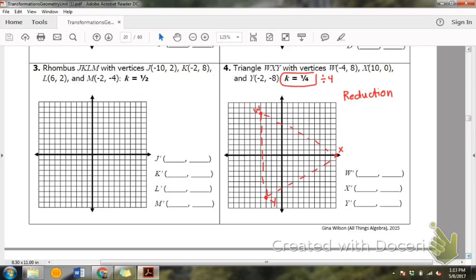Go ahead and find the new coordinates for W prime, X prime, and Y prime. Multiplying by 1/4 is the same as dividing by 4.